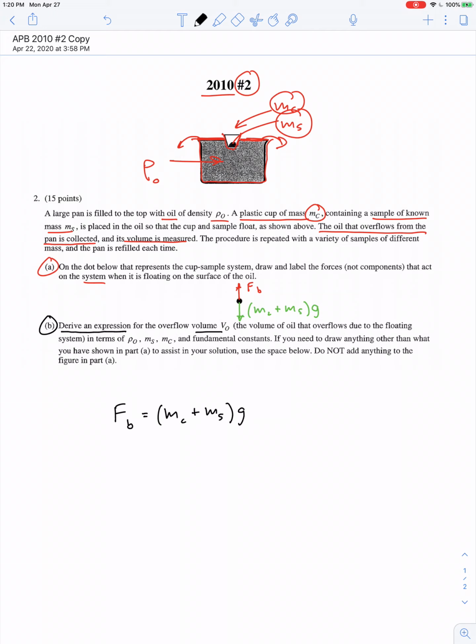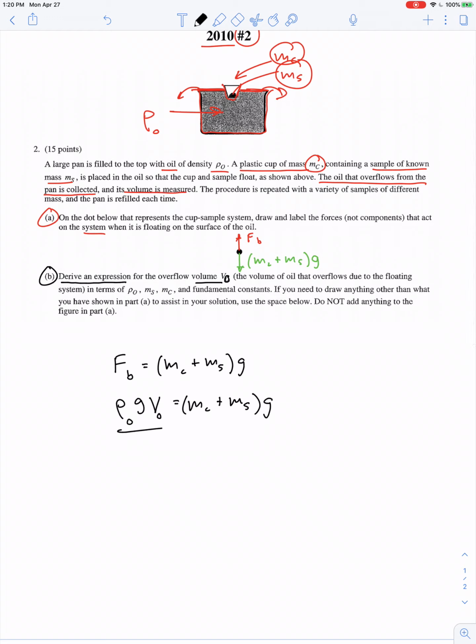But according to Archimedes' principle, buoyant force is equal to the density of the fluid, in this case rho naught, times g times volume. Well, the volume of the fluid is the volume that overflowed, right? So derive an expression for this volume. Oh, they call it V naught, so let's keep the same symbol they have.